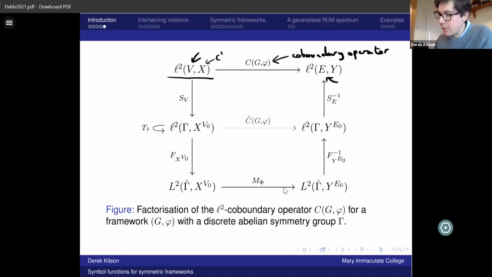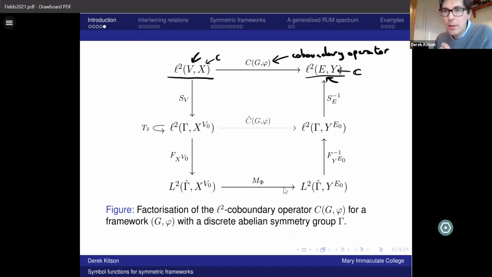Over on this side, similar story. So on the other side, we have square summable sequences. But again, we'll think of these as sequences in Y. This is probably just going to be the complex plane for us.